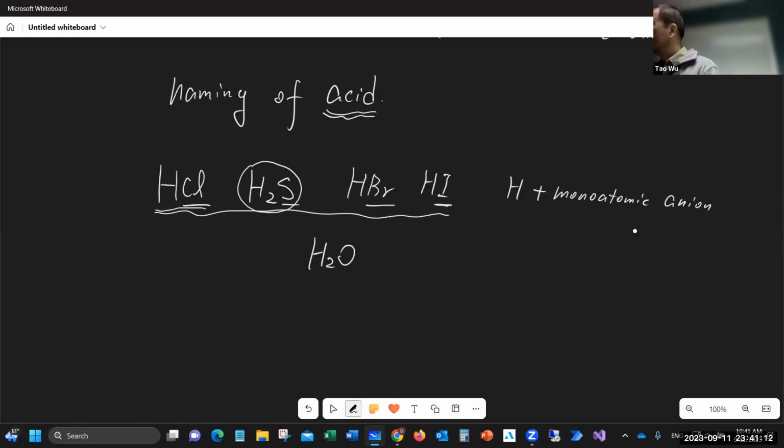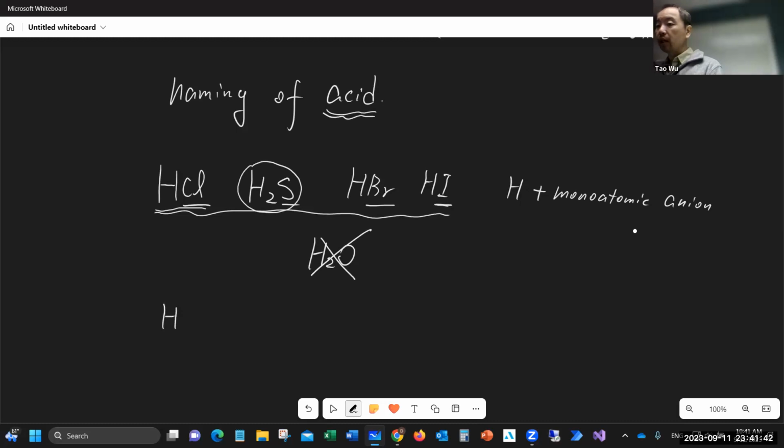Water. Is this an acid? No. Although this one is similar to the previous ones, it is not an acid. An acid is everything with hydrogen first and an anion later, but not water. So this is a hydrogen plus a monoatomic anion, and this is an acid.